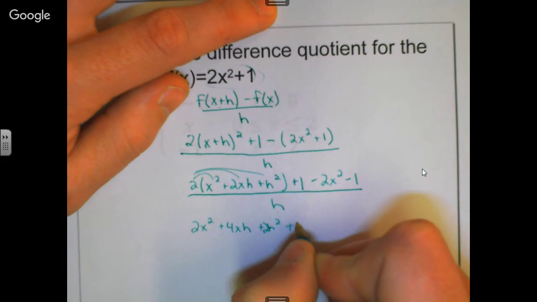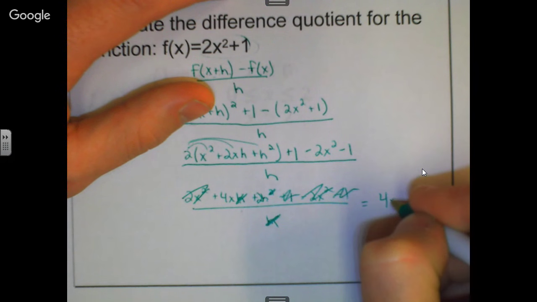So now I get to combine like terms. I have 2x squared minus 2x squared, plus 1 minus 1. And I have h in every term, so we'll get rid of one of those. So then I have 4x plus 2h.